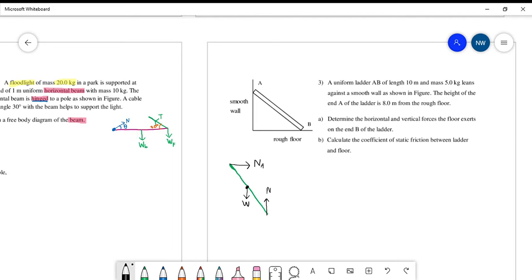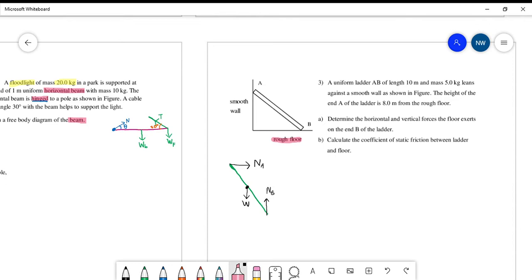Normal B. And then because dia kata kat sini rough floor. Okay, so bila dia mention ada rough floor, so we know that there should be a frictional force. Okay, so frictional force tu arah dia mestilah bertentangan dengan possibility untuk dia punya motion.